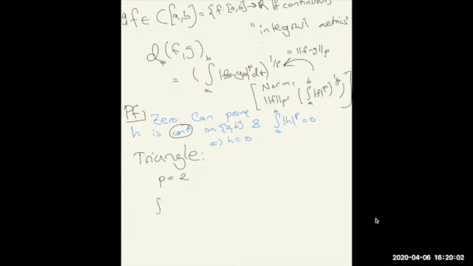But let's look at the integral of f minus g. Well, by the usual trickery with norms, what we need to prove is that the norm of f plus g is less than or equal to the norm of f plus the norm of g.